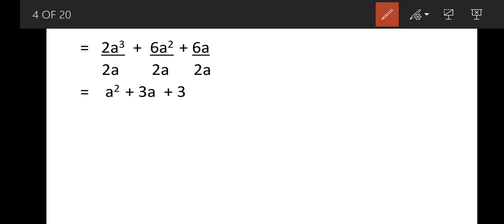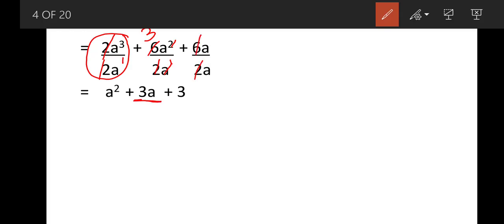So 2a cube divided by 2a: the 2 will get cancelled out with the 2, and a raised to the power 1 is in the denominator and a raised to the power 3 is in the numerator, so we will be left with a raised to the power 2. 6 over 2 gives you 3. A raised to the power 1 is there in the denominator, so 6a divided by 2a gives 3a.